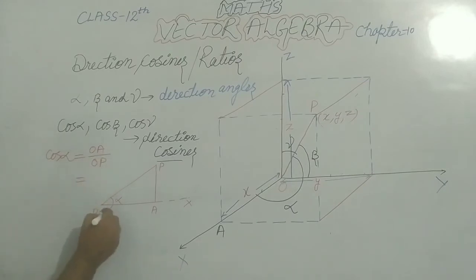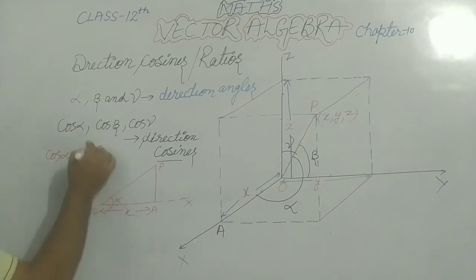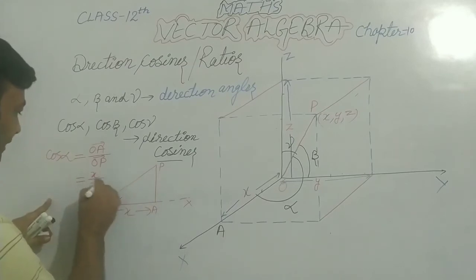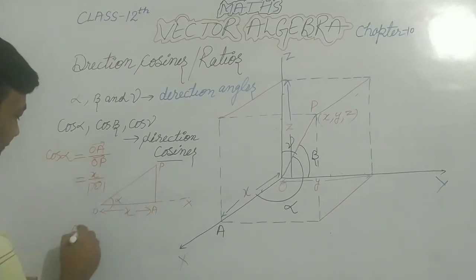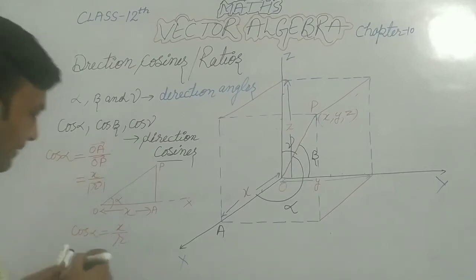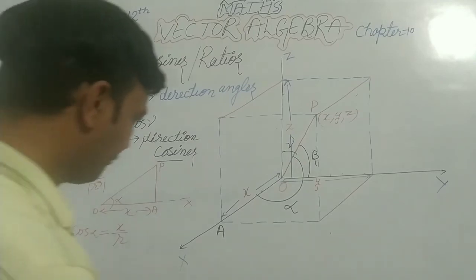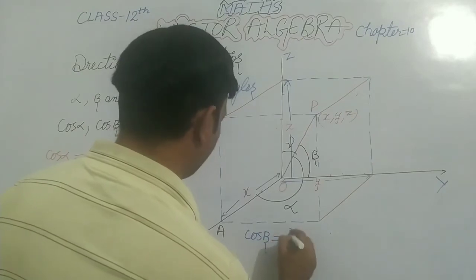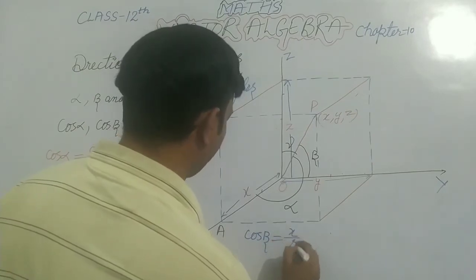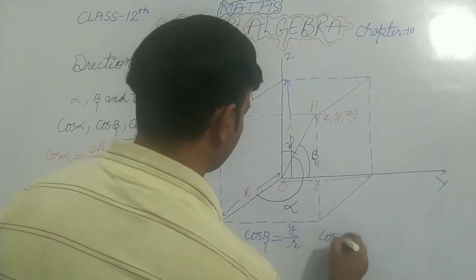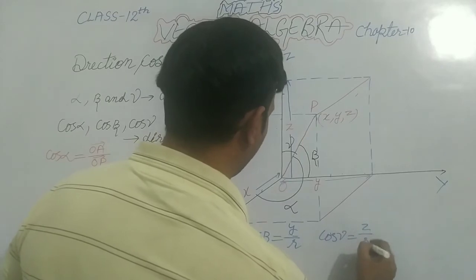The distance OA is x, and OP is the position vector, which we can denote R. So cos alpha equals x over R. Similarly, cos beta equals y over R, and the last one, cos gamma, equals z over R.